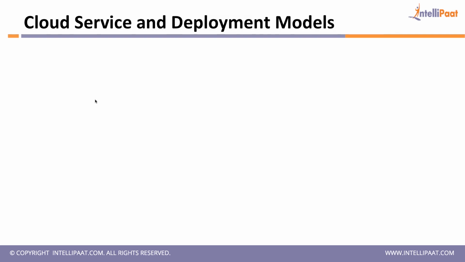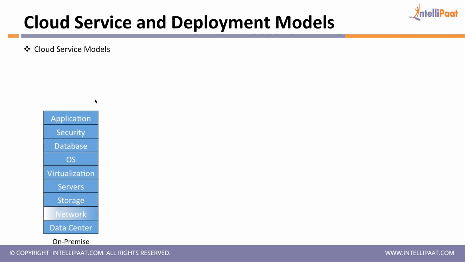Right. So now I'll go ahead and discuss the different cloud service and deployment models. There are different types of cloud service models, but before that, let us discuss a little bit about the on-premise data center. If you see, the organization is responsible for the maintenance of the entire data center bottom up, except for the network, because most of the time the network is provided by some third-party vendor.